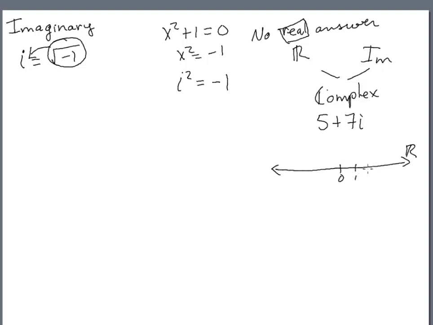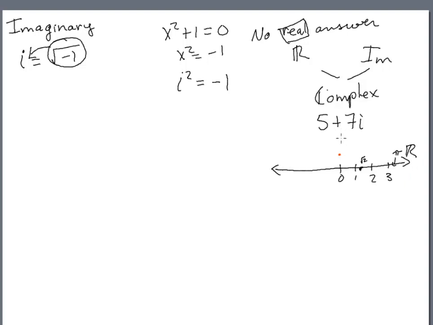So even if we had 1 and 2, and here we had like the square root of 2 in there, and here's 3, and right there's pi, and so we get all these different real numbers, square roots, irrational, whatever we want here. i, shocker of all shockers, is not positive, because anything positive squared would be positive. It's not negative, because anything negative squared would be positive. And it's not 0, because 0 squared is 0. It turns out it's not on this line anywhere. He's up here somewhere.